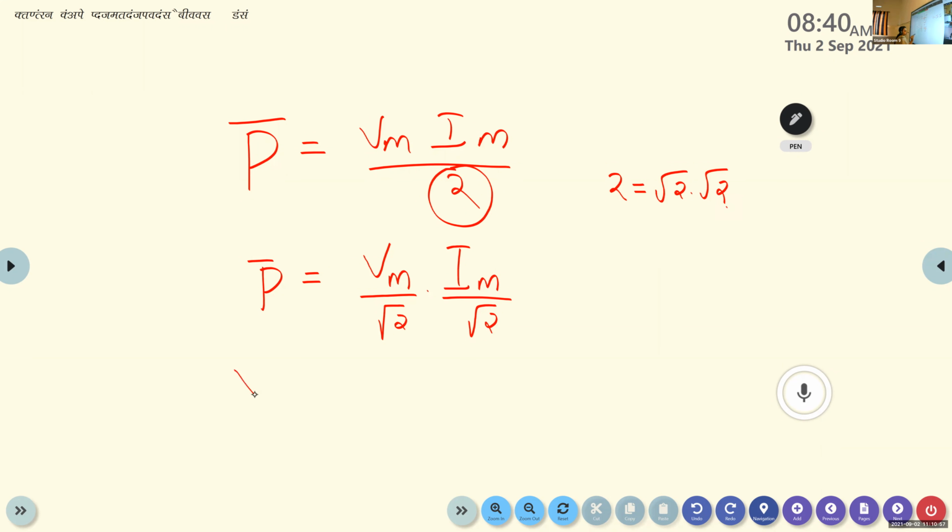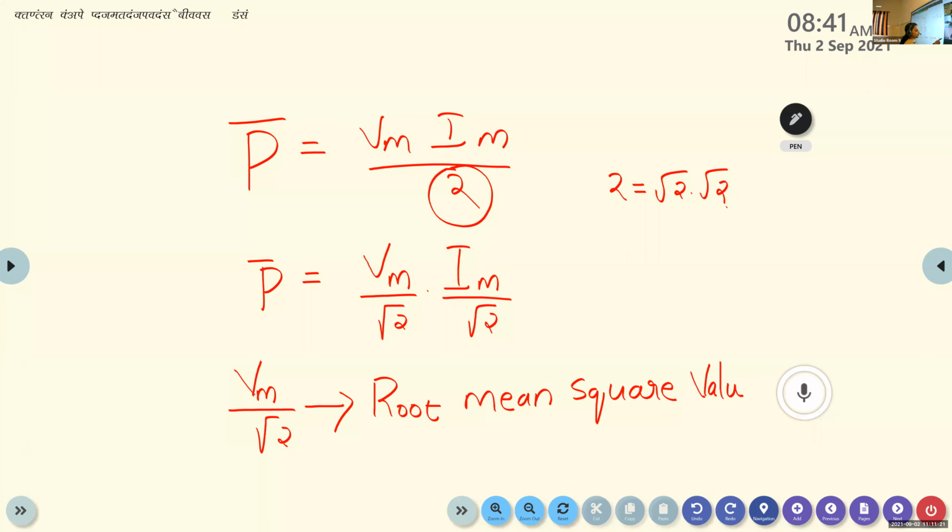And in physics, this term Vm by root 2 is known as the root mean square value of voltage. It is known as the root mean square value of EMF.